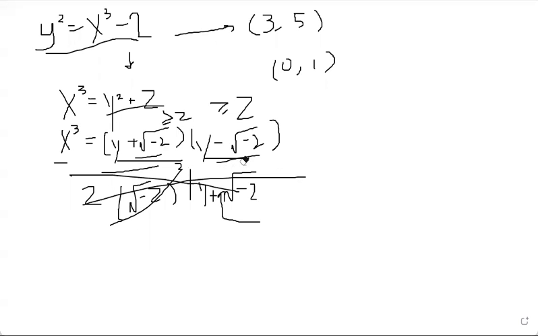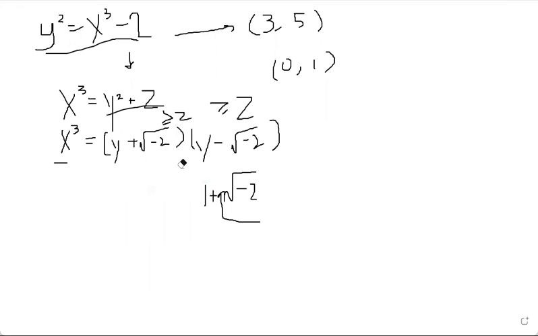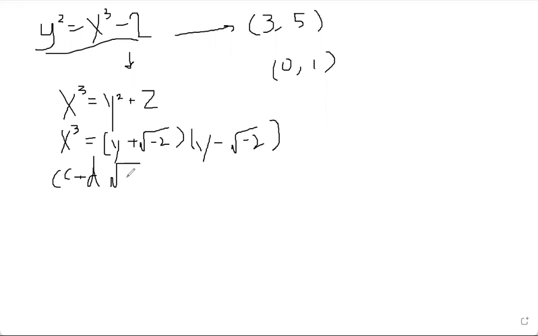That makes our life a lot easier because now we can solve the equation. So now we can just say c plus d root -2 cubed is equal to y plus root -2. Since we only care about the imaginary-esque part, we'll just take out the parts that actually matter.